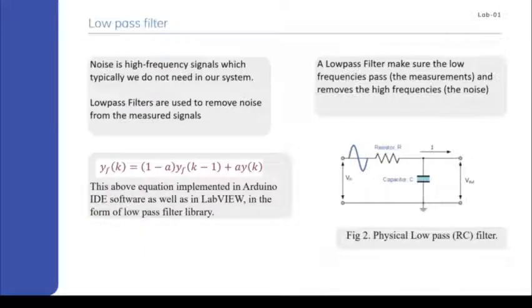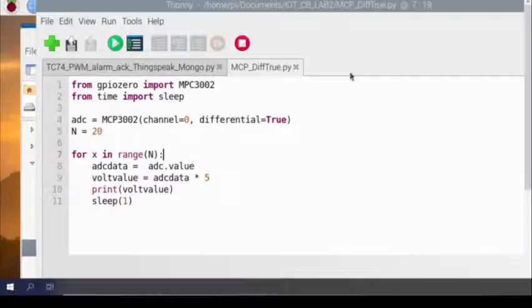Now I will take you to my Python code in the Raspberry Pi. I have used this code for the TMP36 sensor, and as we know, we don't have any analog input in our Raspberry Pi, so that's why I have used the MCP3002, which has the SPI protocol, and this TMP36 sensor's data we can read here.